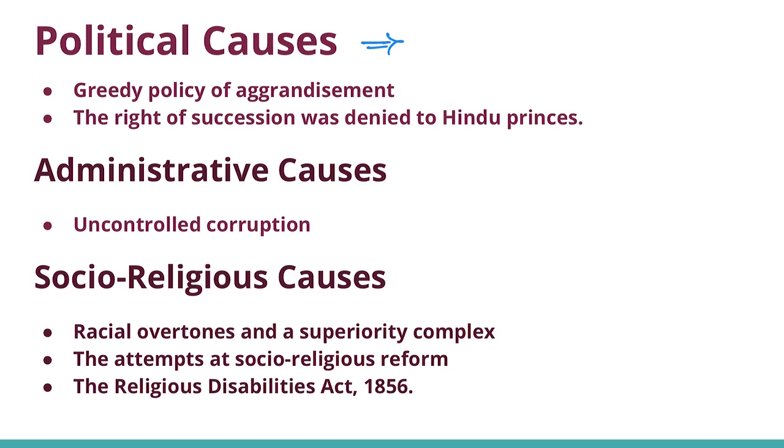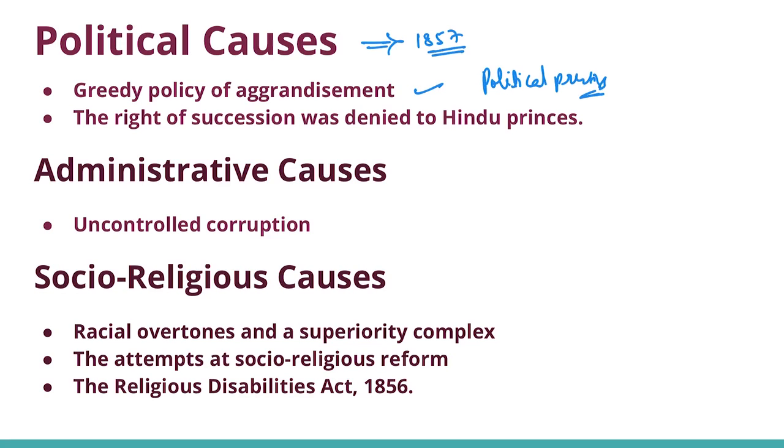Political causes for the rise of the 1857 revolt. The East India Company followed a greedy policy of aggrandizement, accompanied by broken pledges and promises, and this resulted in contempt for the company and the loss of political prestige.